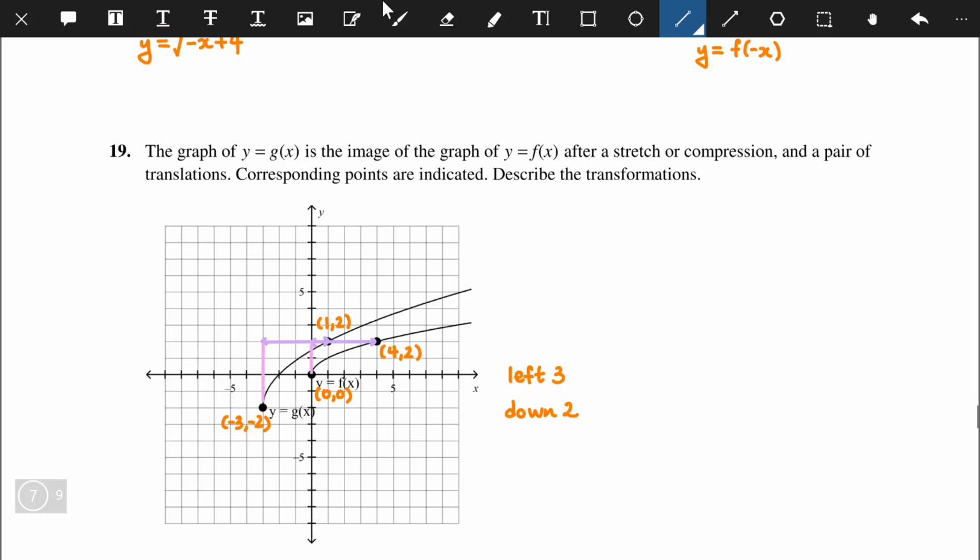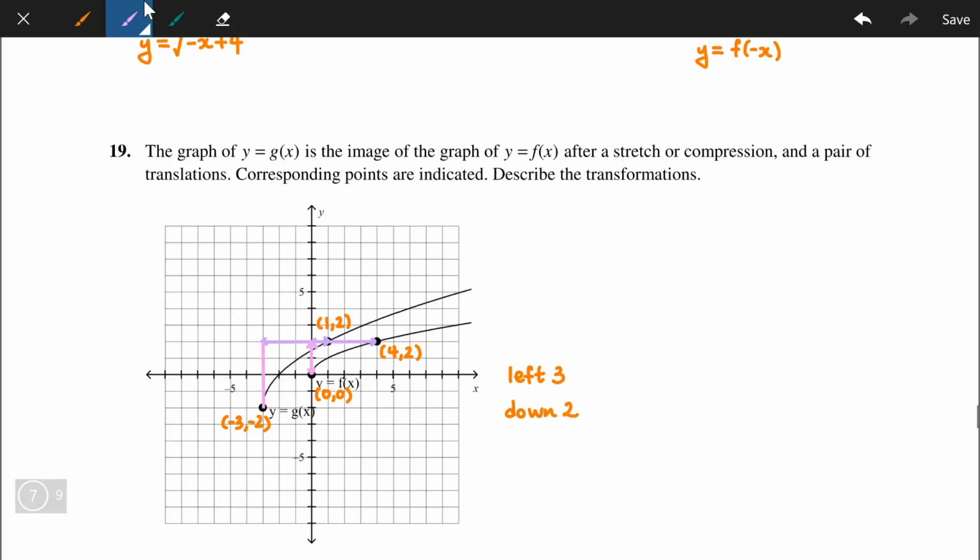Now there are 4 spaces between them, which means the graph underwent a vertical stretch by a factor of 2. Okay. So vertical stretch by 2. And those are the 3 transformations.